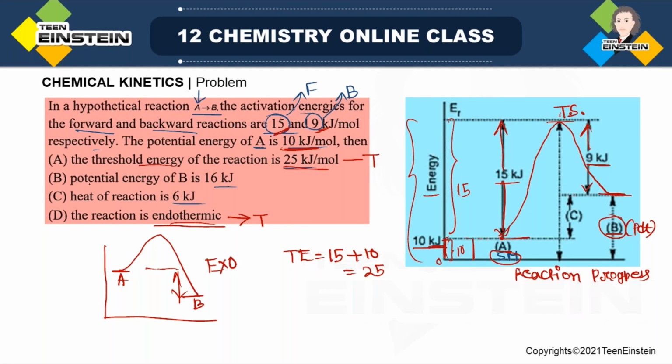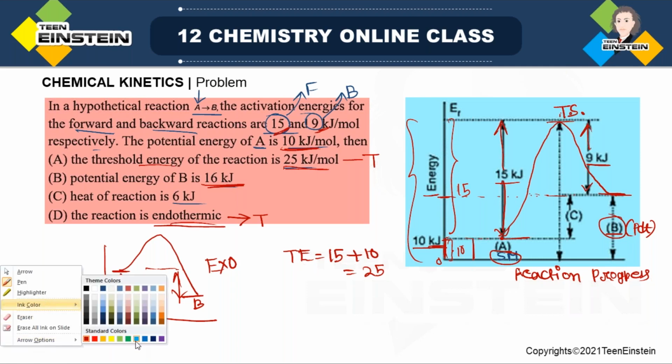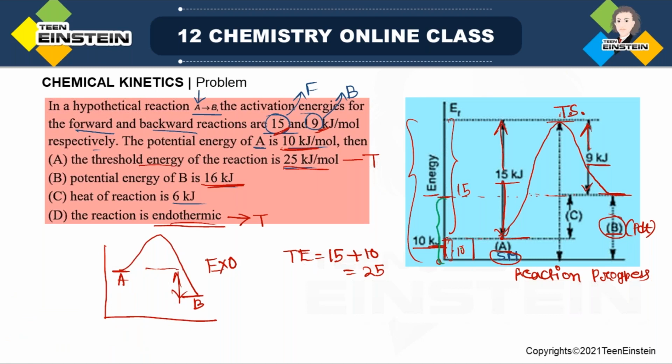Okay. Next statement, potential energy of B is 16 kilojoule. So potential energy of B is basically this value. If you just extend this line, it is cutting somewhere here, right? So this gap we have to find out, and it is mentioned that it is 16. So how to find out? This gap we already know, but this gap which is mentioned in C, we have to find out, because if you add this gap with this one, you will get the total energy gap.